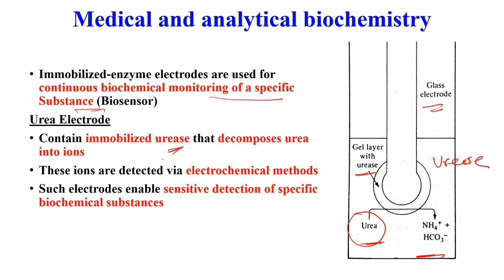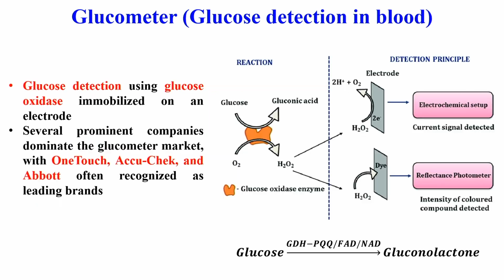It contains urease that decomposes urea into ions, and these ions can be detected by different methods like electrochemical methods, and this electrode ultimately enables sensitive detection of a specific biochemical substance, but here the example was urea.